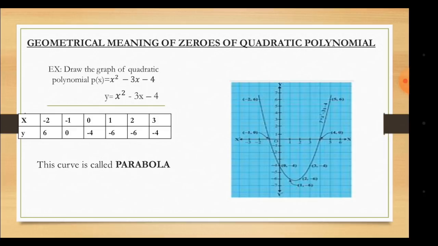Hence minus 1 and 4 are the zeros of this quadratic polynomial. Is it clear? And one more thing here, this type of curve is called a parabola. So graph of quadratic polynomial you will get in the shape of a curve, which is called a parabola.